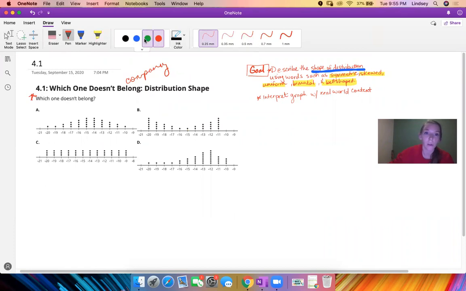Okay, so here we go. As I'm looking through these, and I'm looking at A, if you chose A that you thought didn't belong, it's because compared to the other ones, it's the only one that increases and decreases. That's also symmetrical.